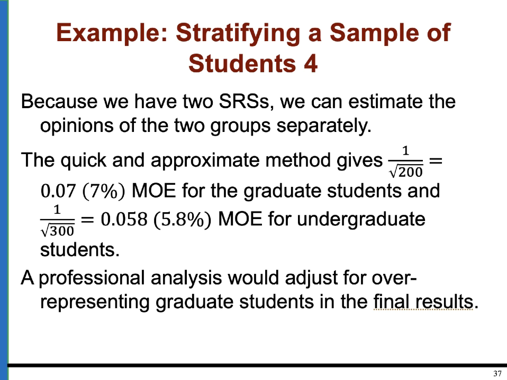But with the sample size of 300 for undergraduate students, our margin of error will be 1 divided by the square root of 300, which is a 5.8% margin of error. And if this was being done by a professional statistician, they would adjust for the overrepresentation of graduate students in the final results. And so with some complicated techniques, they can even out the fact that graduate students were more likely to be in the survey.